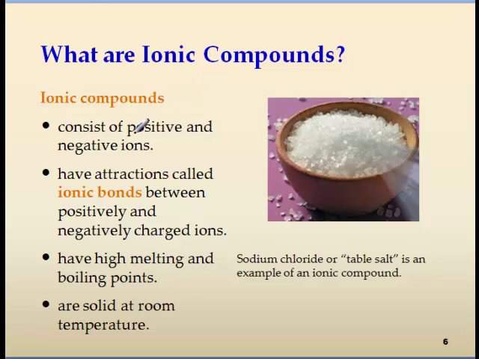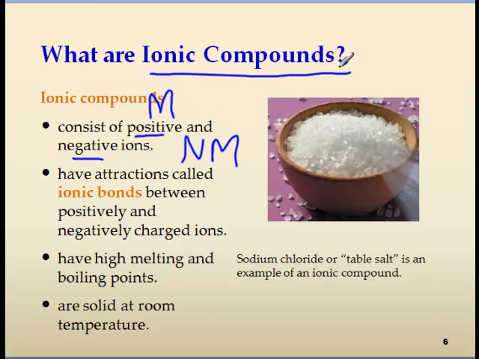In other words, positive ions come from your metals and negative ions come from your non-metals. So a combination of metal and non-metal will result in an ionic compound. Ionic bonds are the attraction between positive and negative charged ions, which are the charged particles.